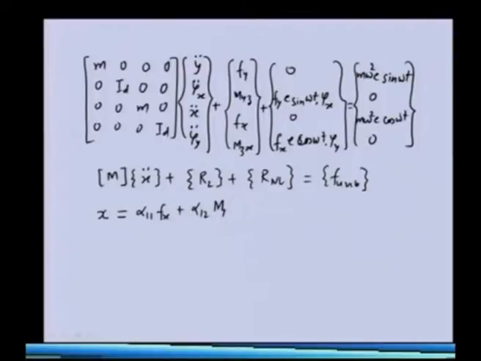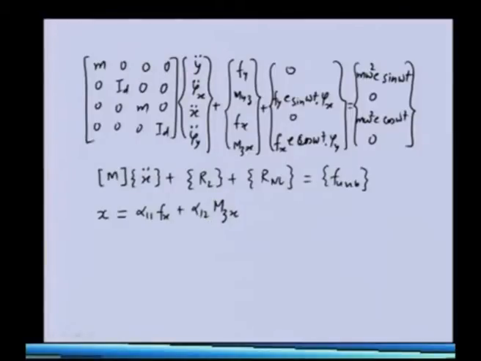So, we have this relation. The linear displacement, because in a beam the linear displacement takes place not only because of force but also because of the moment, and these are the elastic constants. This is called the influence coefficient.